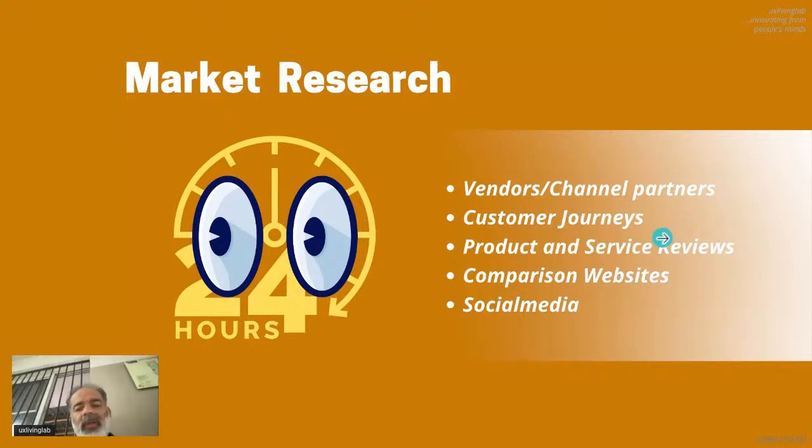Then product and services reviews. Then comparison websites. There are a lot of websites to compare between products, so you can look into their reports, how people compare two products or which products they take for comparison. Then social media, different channels. You will get the information, and you have to watch these 24 hours.